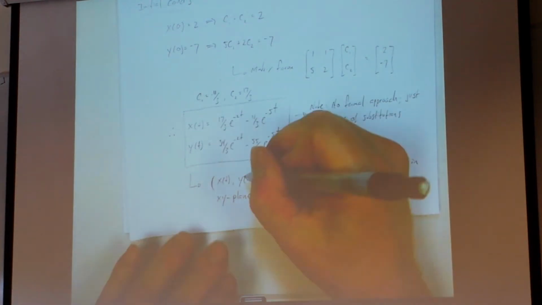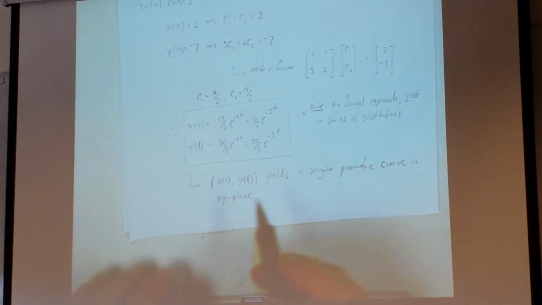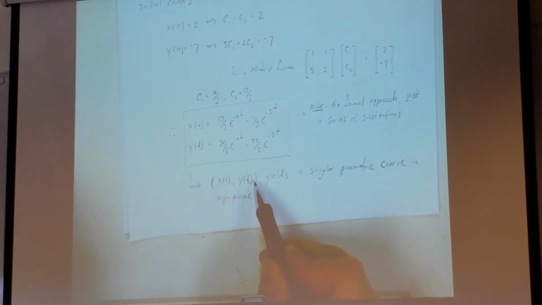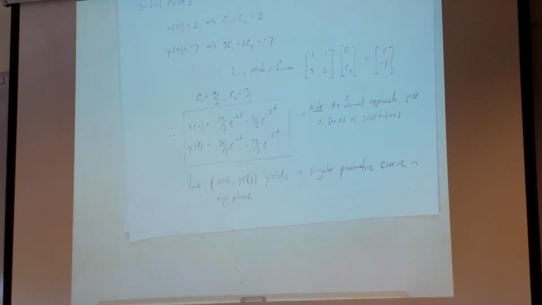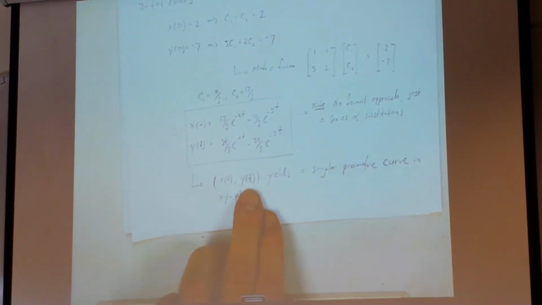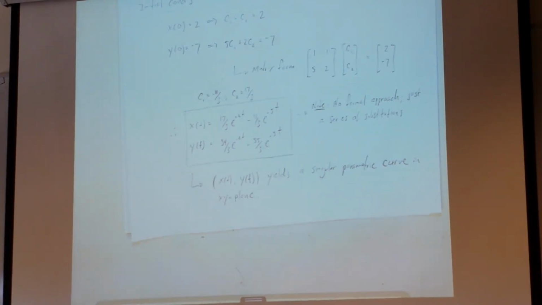Both functions of t, x of t is one thing, y of t. For each value of t, this gives you a point in the xy plane. As t varies, this is a moving point in the xy plane given by these parametric equations.